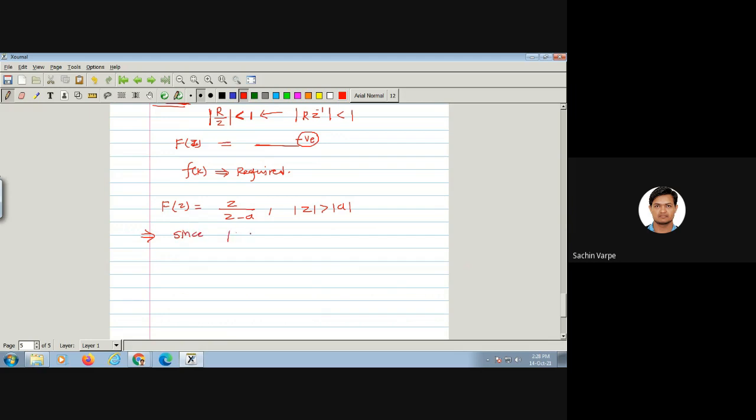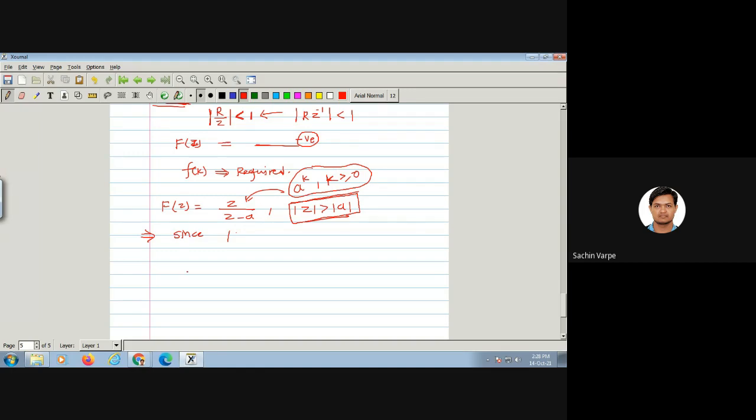Can you guess what the inverse Z transform should be? Whose Z transform is this in this ROC? If you recall the formula, this is the Z transform of a raised to k for k greater than or equal to 0. Am I right? Yes, sir. So we know the answer also. This should be our answer inversely.